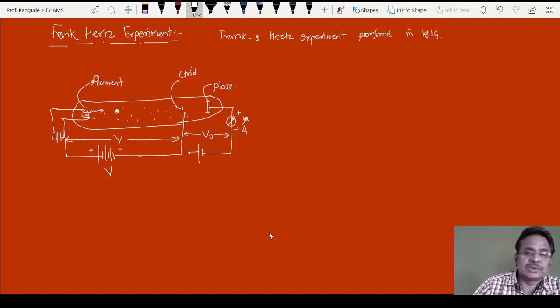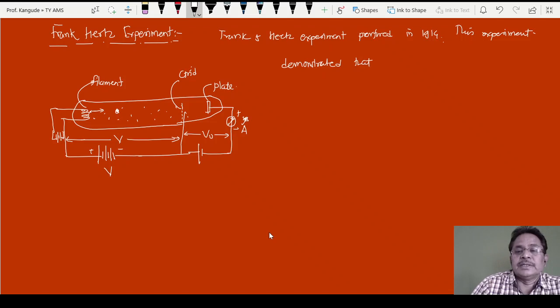This experiment demonstrated that atomic levels or stationary orbits exist.